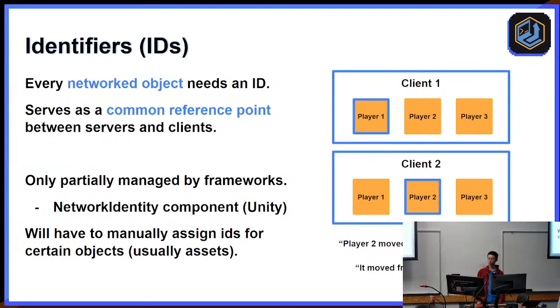Some examples of this: client 1 has player 1, client 2 has player 2. There are 2 ways you can send the message. Player 2 moved from point A to point B. That's enough information for the other client to know what's going on. If you just say it moved from point A to point B, that's not enough.